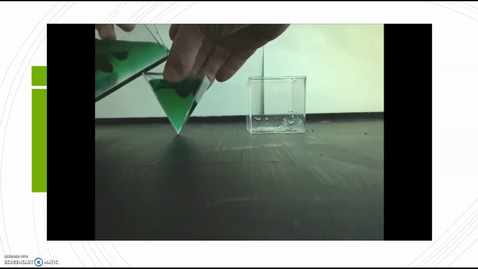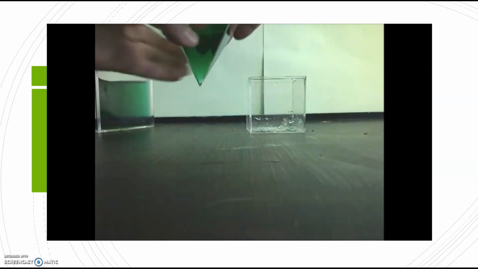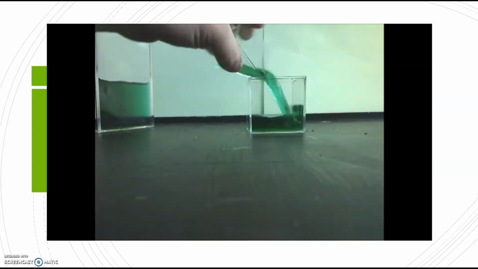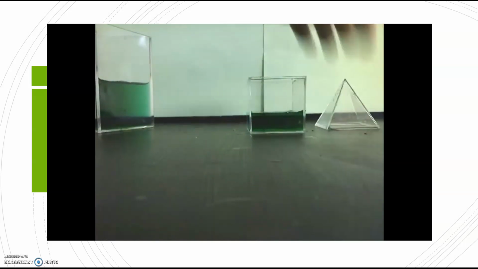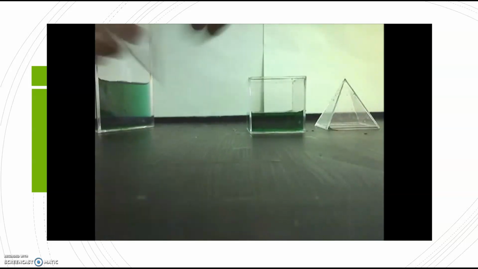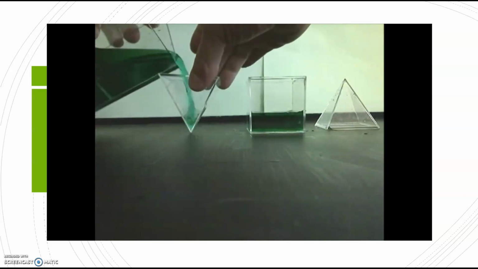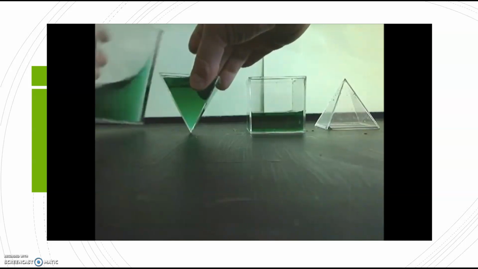All right, and so now we're filling the pyramid up with the water. And look at that. We filled it up and it only filled part of our prism.